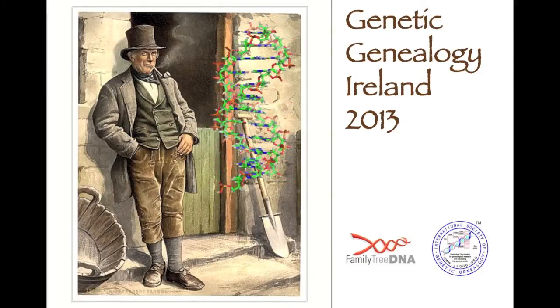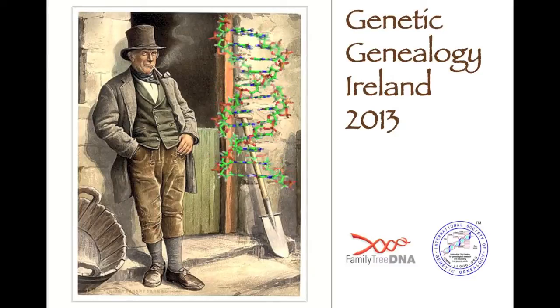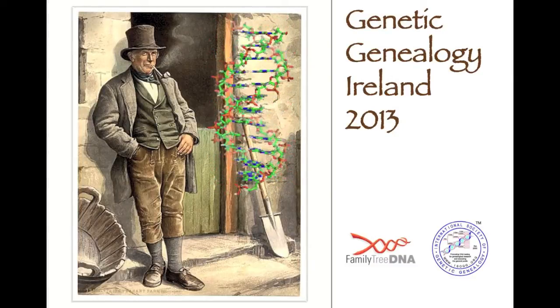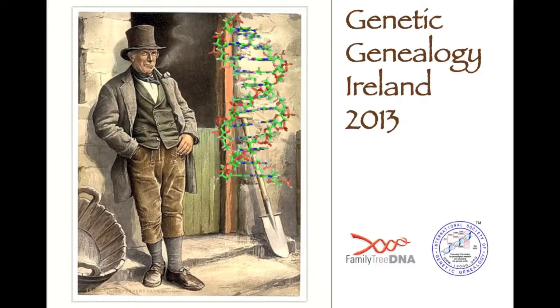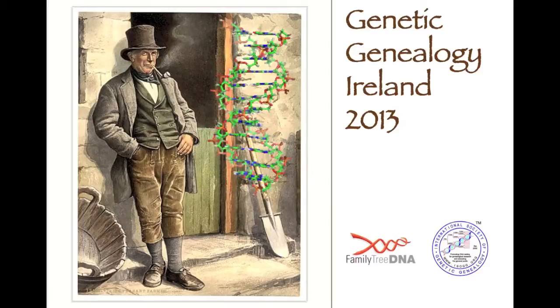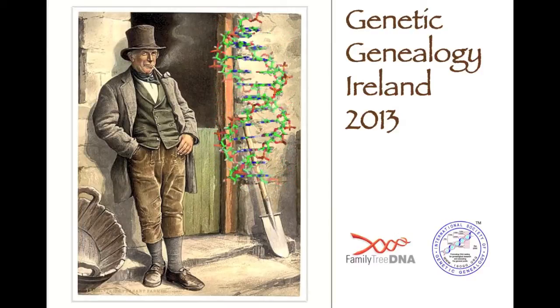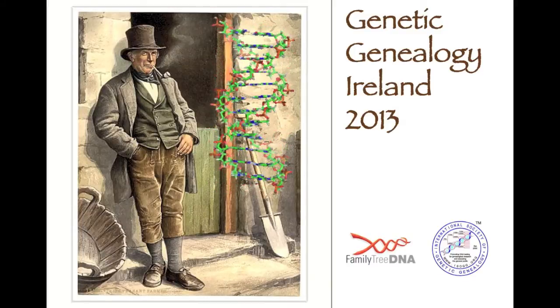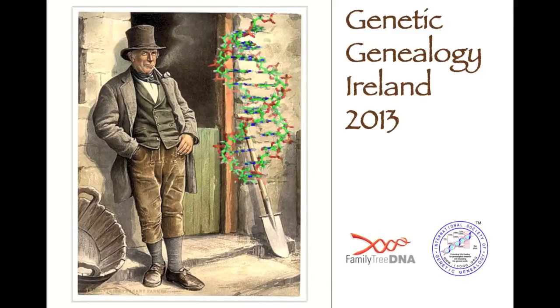So I think it's important that we take a two-prong approach. We use the ancient DNA and we use the modern DNA. And Dan Bradley said that in about 2 years' time, we're going to have a map of Europe based on ancient DNA. So that will be very interesting to compare the ancient DNA map with the present DNA map.